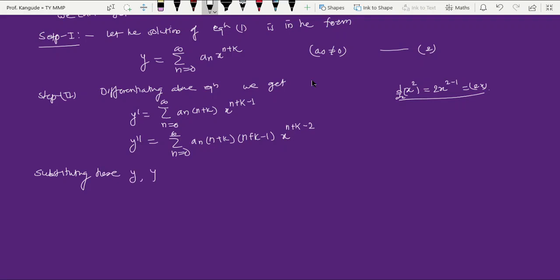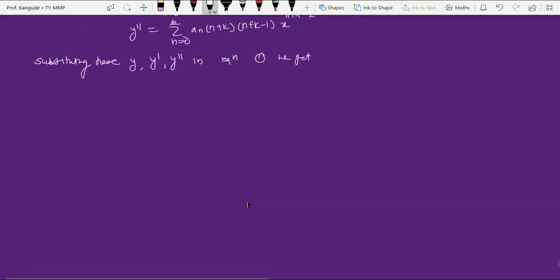that is y dash and y double dash in equation 1, we get, substituting this y dash and y double dash in equation we get. Now this differential equation will be very lengthy.